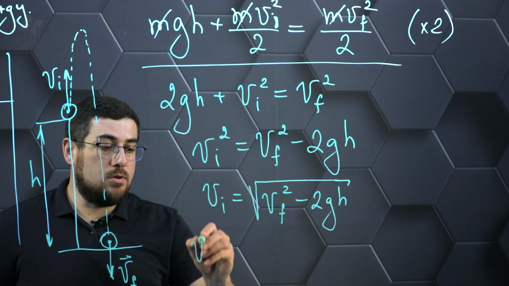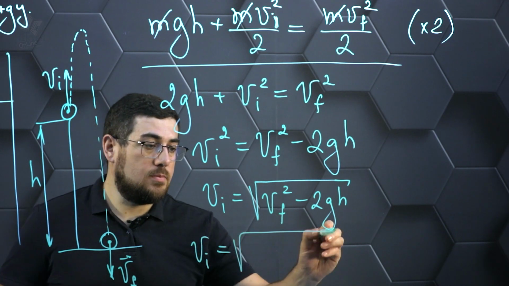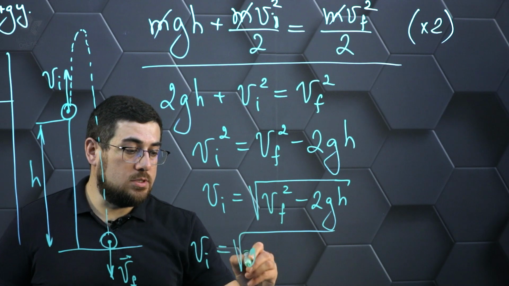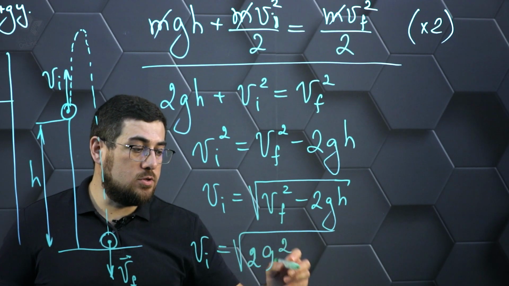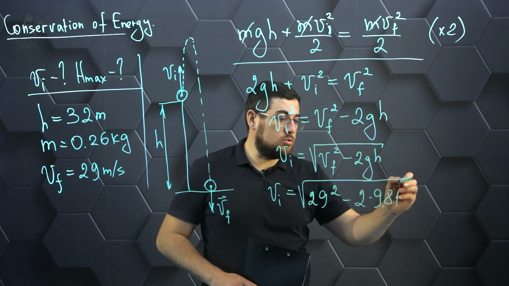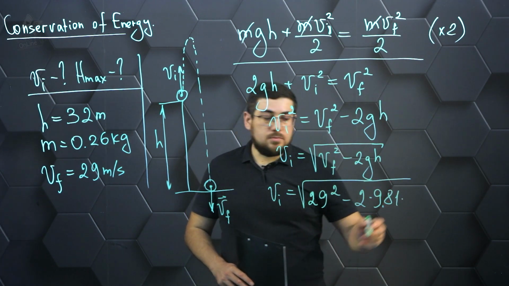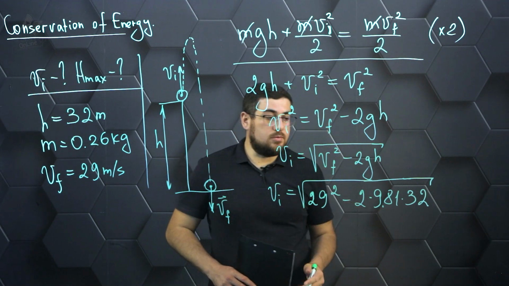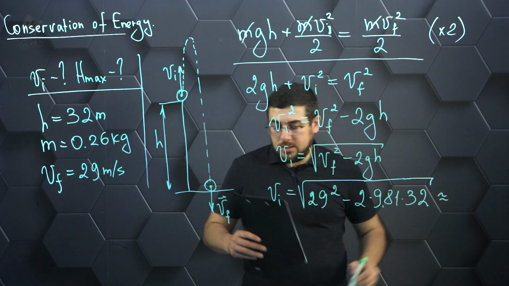Let's put in the values and calculate the initial velocity. The final velocity of the body is equal to 29 meters per second. We square it, minus 2 times 9.8 and the height of 32 meters. Now we already have all the data in SI units, so we will not translate anything.